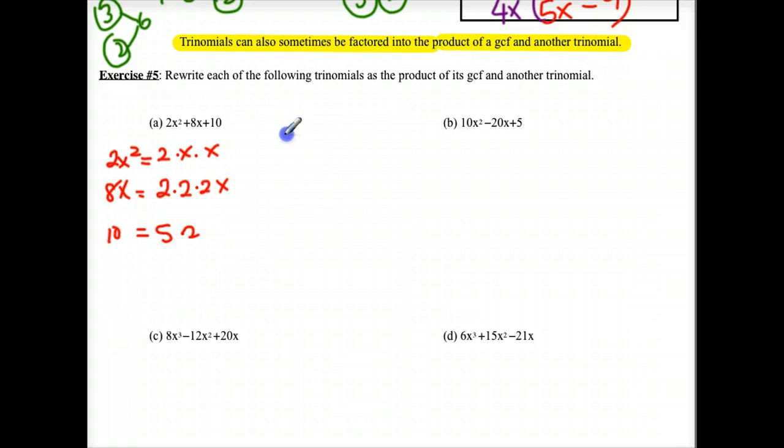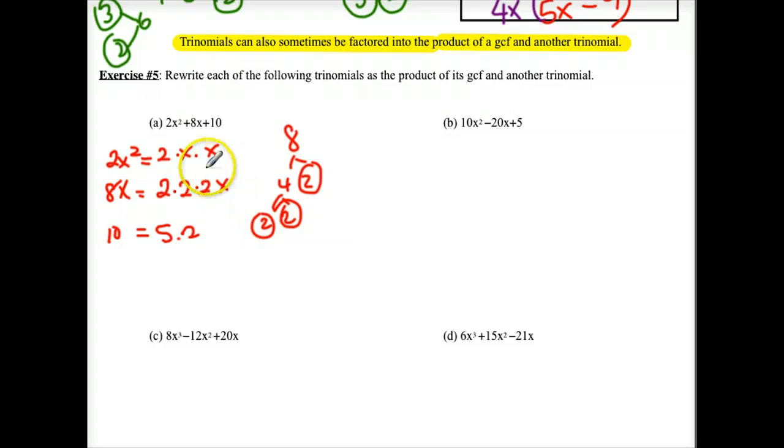So if you're not sure, break 8 down as 4 times 2. 2 is prime, and 4 is 2 times 2. So I can do this in my head. If you need to write it out, of course you can do that, okay? So when I do this, I need to look for what all three of these have in common. Not just one of them, not just two of them, all three.